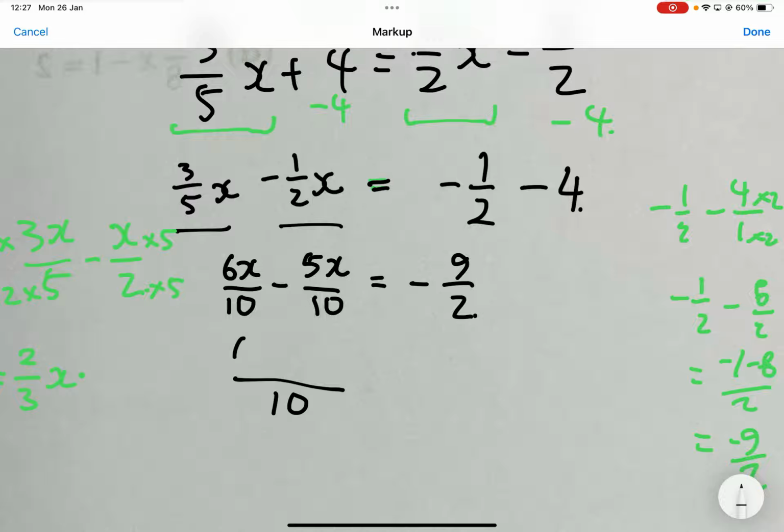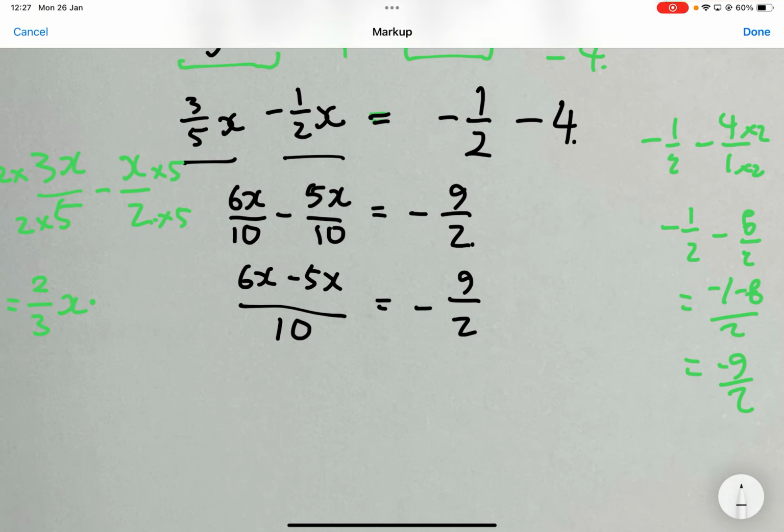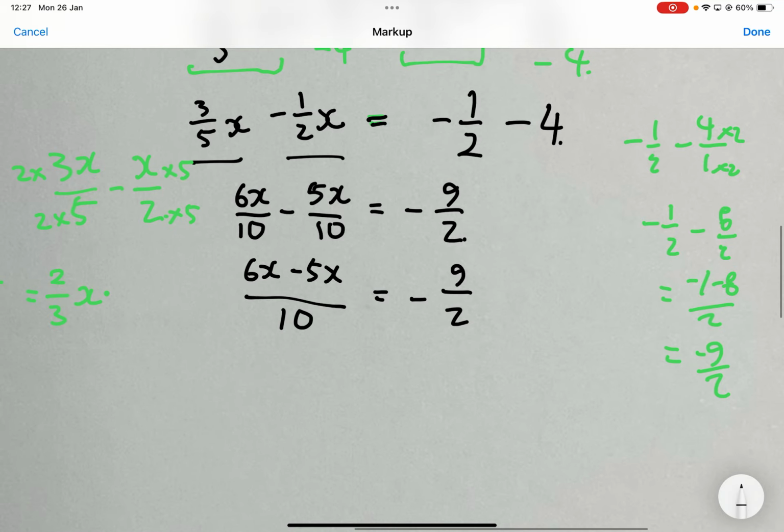Then common denominator put together. Simplify a bit, simplify a bit.